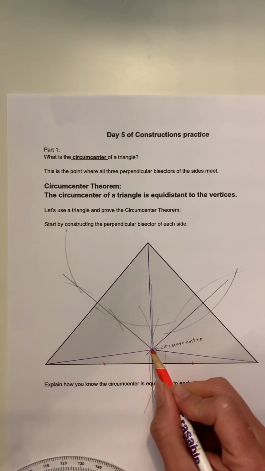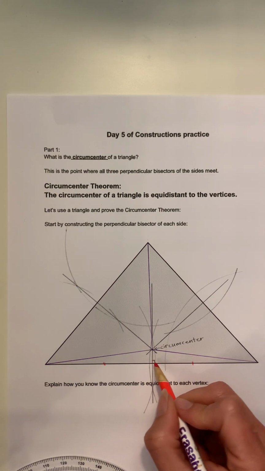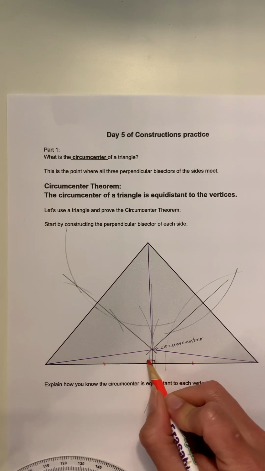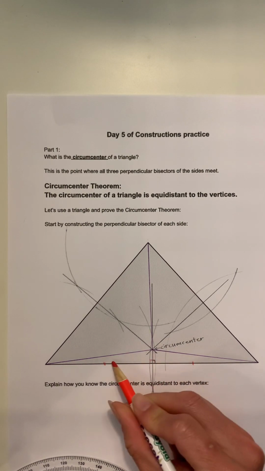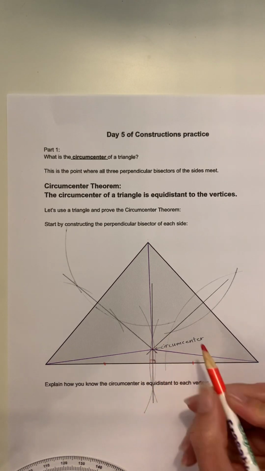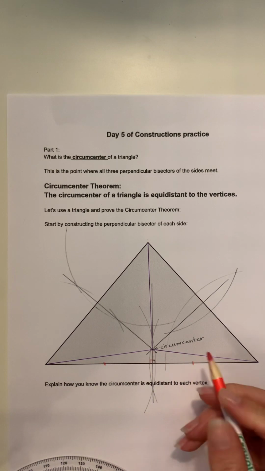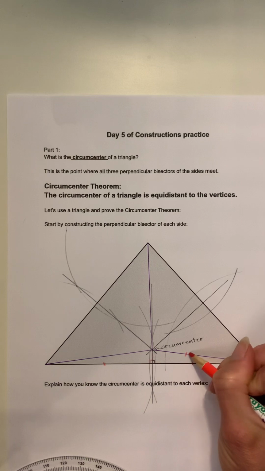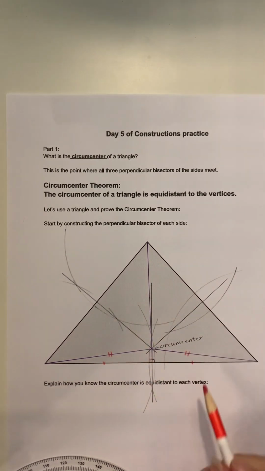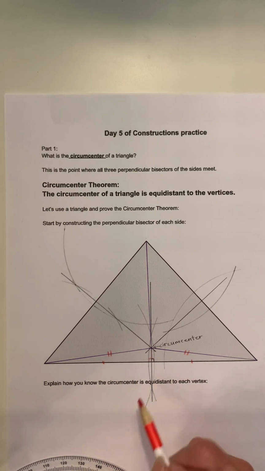Okay, and this is a 90-degree angle. So I have an equal angle here. I have equal sides here. This side, of course, is equal to itself. So I have side angle side. So that means I have two congruent triangles. So that means this side is equal to that side, right?